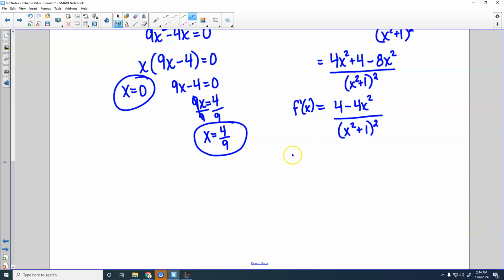So you can just take the numerator and set it equal to 0, which will, if we move that 4x squared over, we'll divide by 4, 1 equals x squared. We will square root both sides. What will we get for our answer? Oh, I love that plus or minus, plus or minus 1.